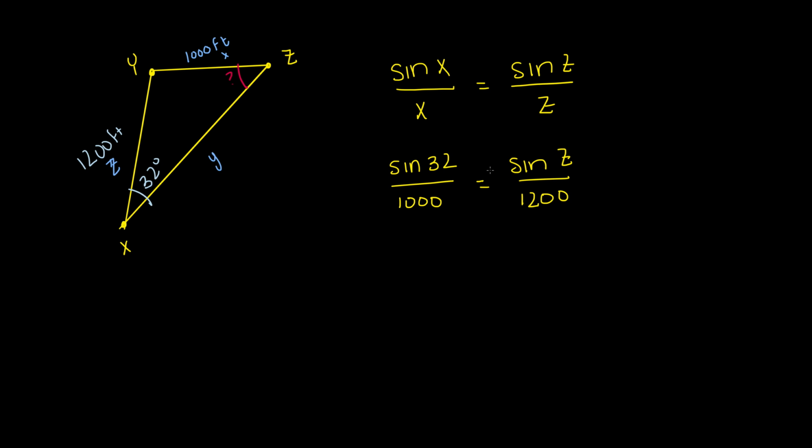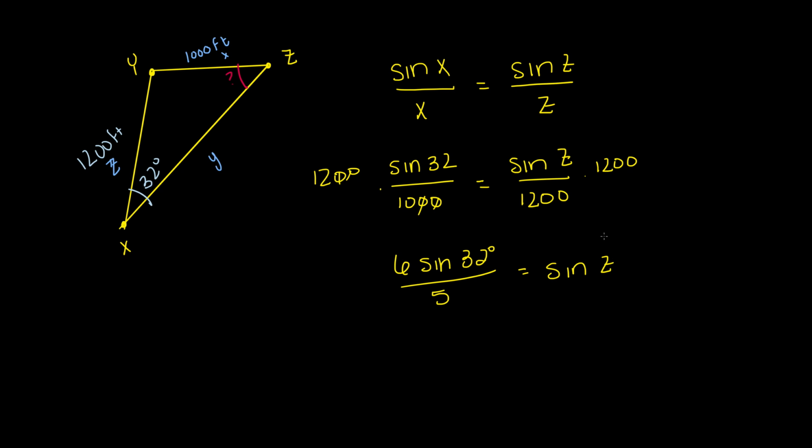Just following through with this, this is going to be times 1,200, times 1,200. Those will cancel out. I'm left with 6 because that simplifies to 6/5. Sine of 32 degrees divided by 5 equals sine of angle z.